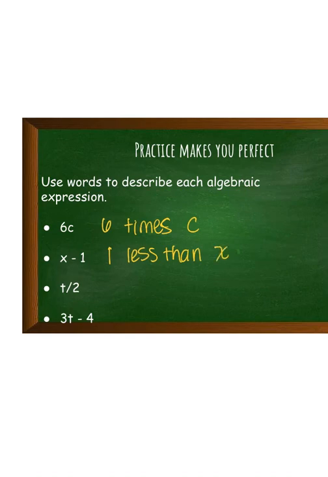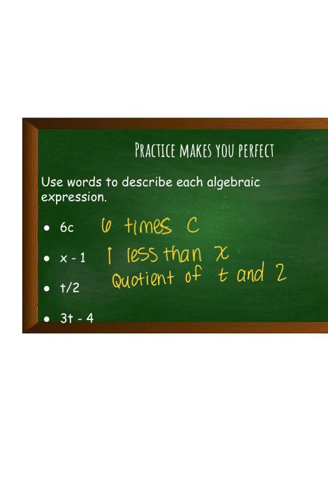Keep in mind, guys, there is more than one way to write these out, okay? You could have said x less 1, multiple different ways, x minus 1. So there are different ways to write these all out, okay? In the other one, t divided by 2, you could have written the quotient of t and 2.